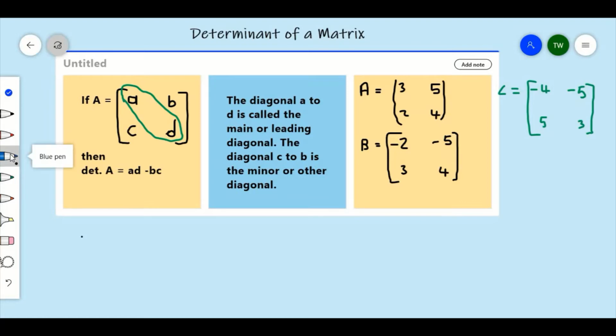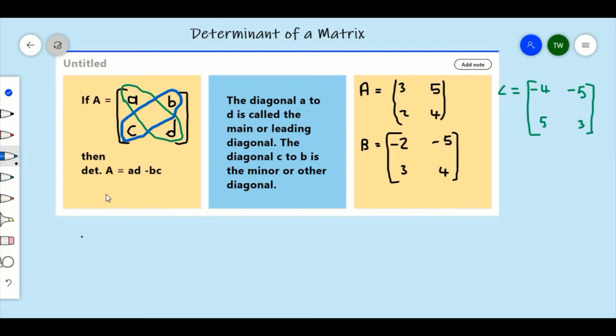So let me use a blue marker to highlight the minor diagonal. So that's how you basically determine the determinant of a given matrix.